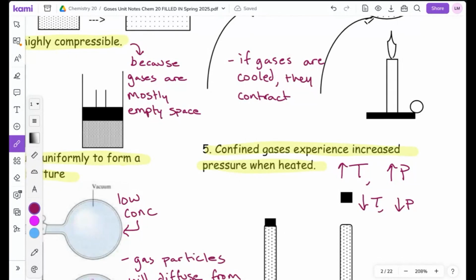Now, the reason why that happens is because pressure is created by gas particles hitting the sides of a container. So if you increase the temperature of gas particles, they're going to be moving faster. And that means they're going to be hitting the sides of the container faster. As I said, gas pressure is created by gas particles hitting the sides of the container. If they hit the sides of the container with more frequency, that's what increases the pressure.